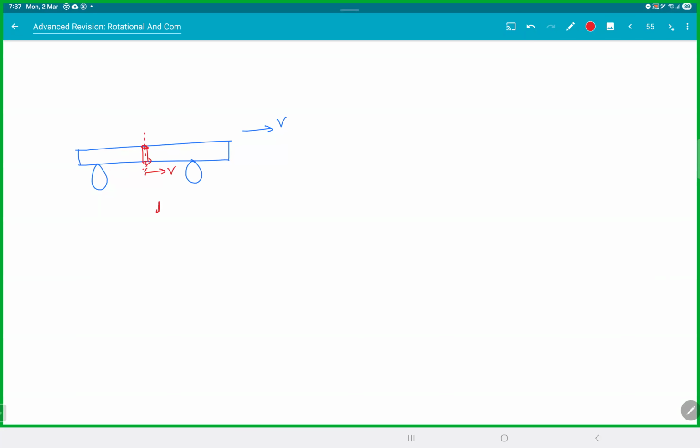So the leaking sand will have the same speed as the trolley. Therefore, V relative is zero. There's no thrust force.